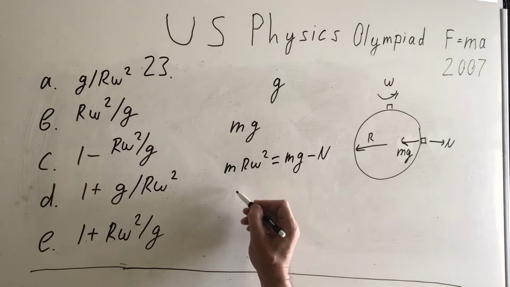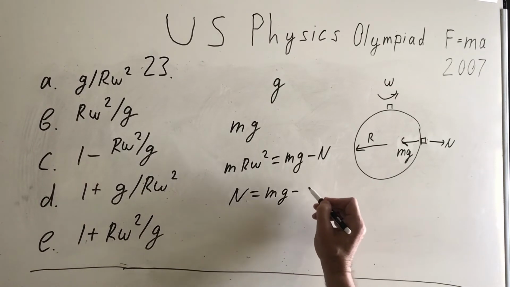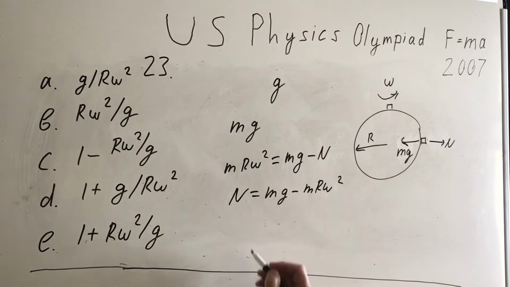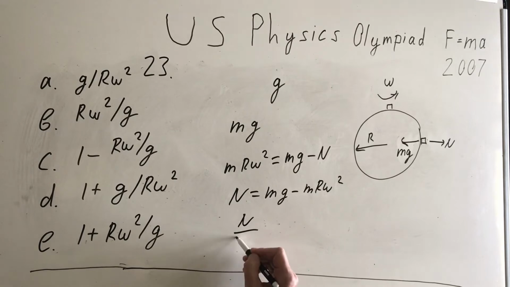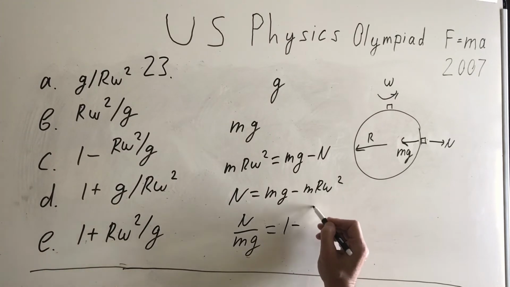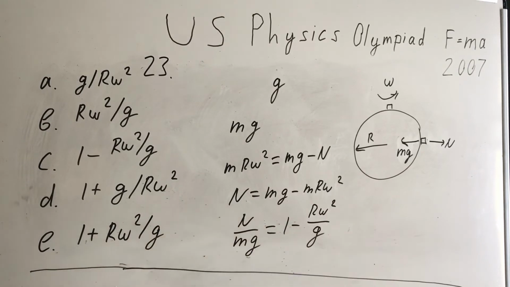From here we can find that normal force equals mg minus m r omega squared, and we have N over mg equal to 1 minus r omega squared over g. So that's the correct answer, which is C.